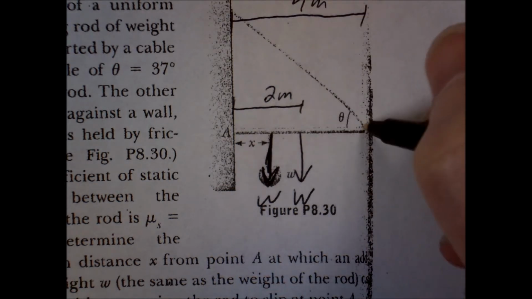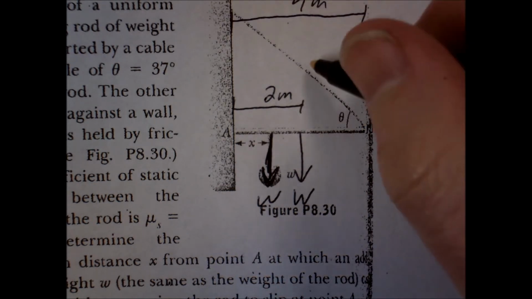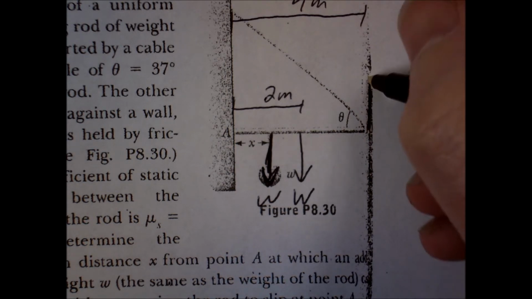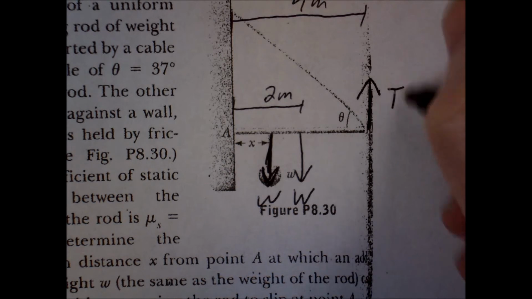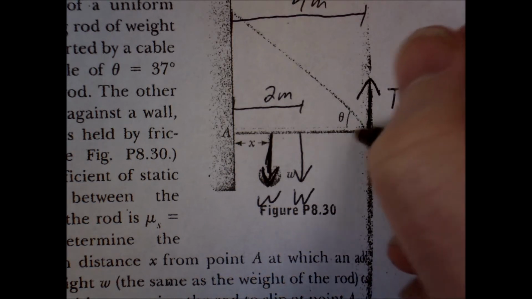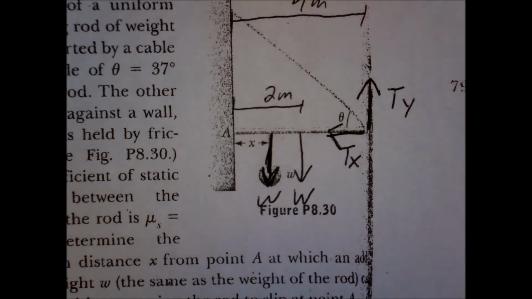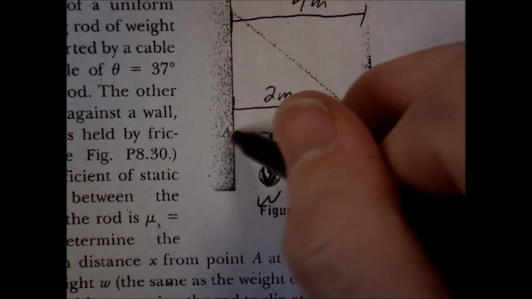Alright, and then over here we have the tension coming at an angle. At this point, hopefully you're just going to skip some steps, and we'll call this Ty going up, Tx going this way. Then we have the wall itself, so the wall's pushing this way.